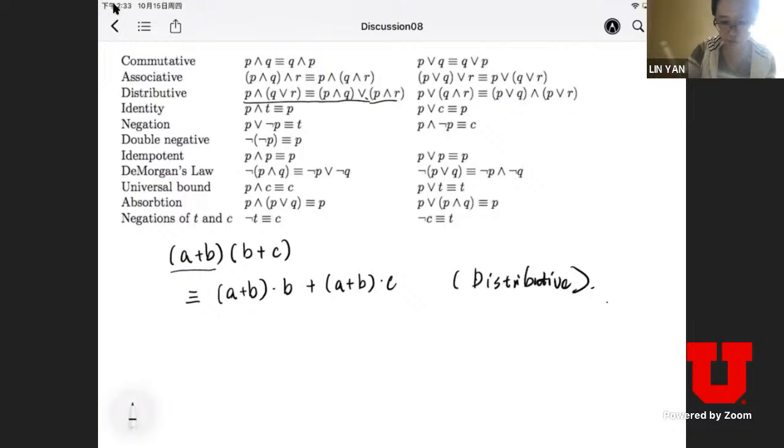Then we can continue to use distributive, but we need to change the order of the first item and the second item. Oh, sorry, B. This is by commutative.